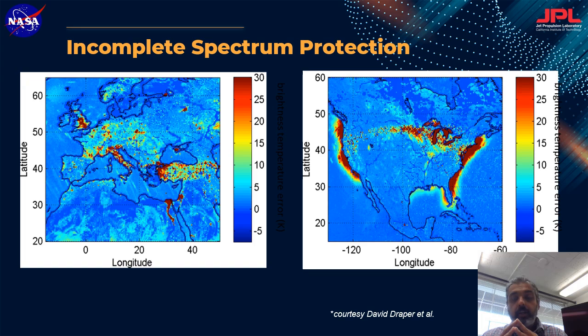Here's another interesting example. This is courtesy David Draper. I love using this plot. I show it almost at every talk I give. And it's another consequence of incomplete spectrum protection at C and X band.